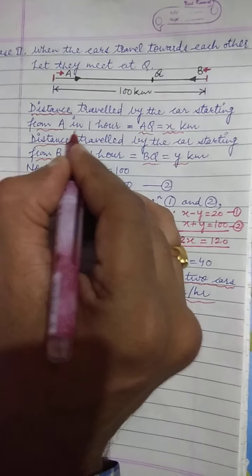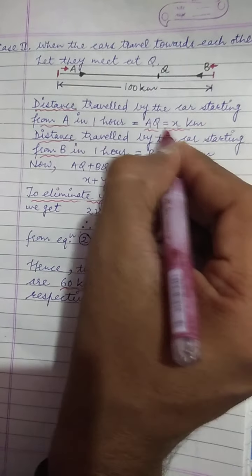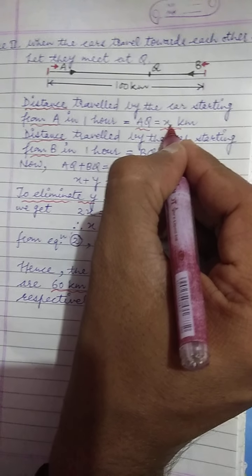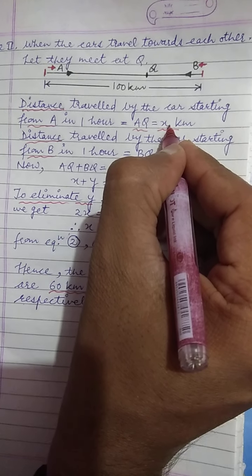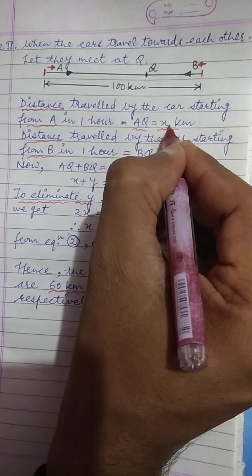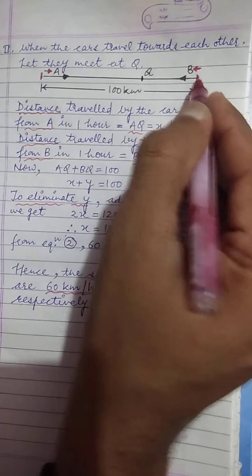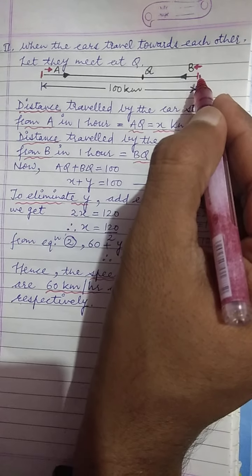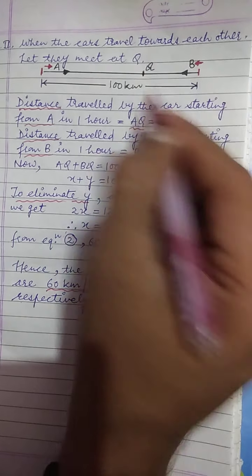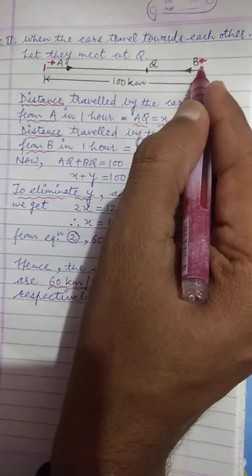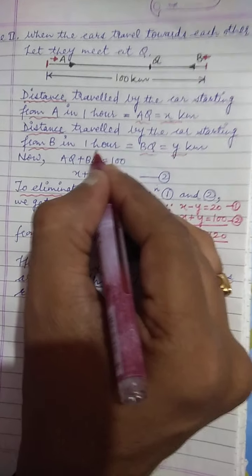Again, we find out the distance traveled by the car starting from A in 1 hour. That is, AQ is x kilometer, because x is the speed of the car and 1 hour is the time, so distance will be x multiplied by 1. We get x kilometer. Again, the distance traveled by the car from B in 1 hour, that is BQ, will be y kilometer, since the speed of the car is y kilometer per hour and time is 1 hour.